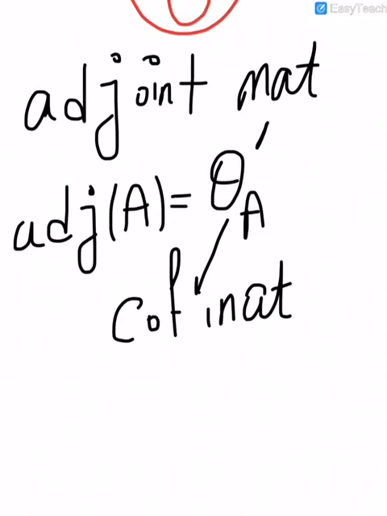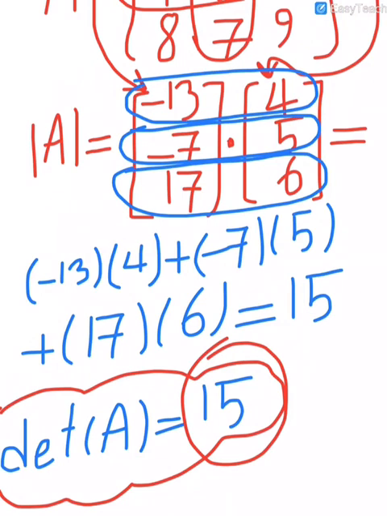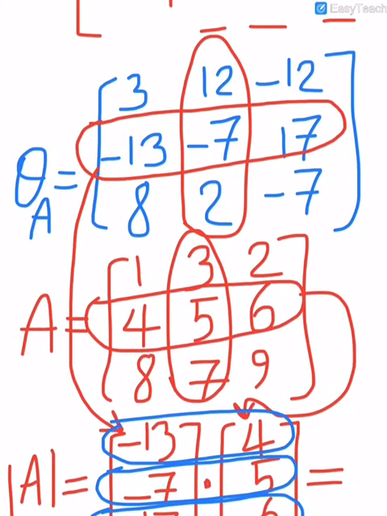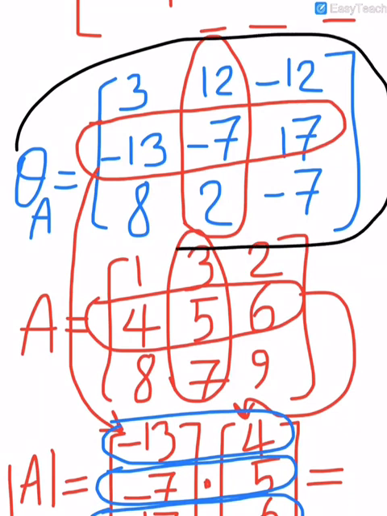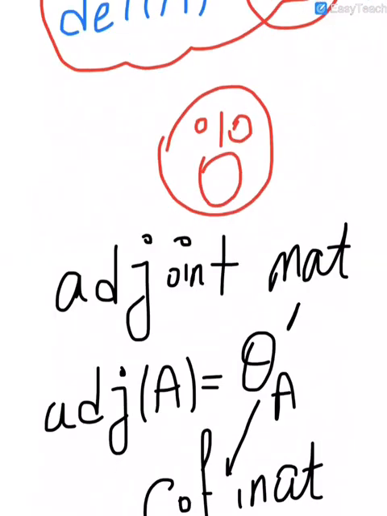So remember here in our case, this was the cofactor matrix, right? How can we take the transpose? Let's write it down again here and take the transpose.